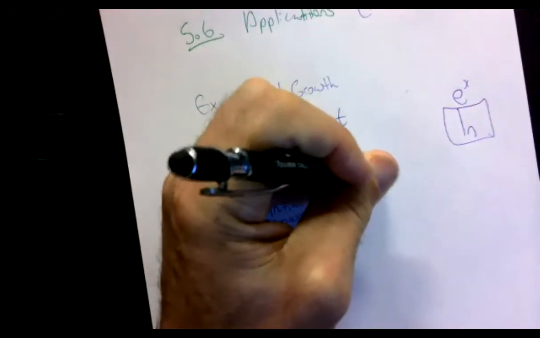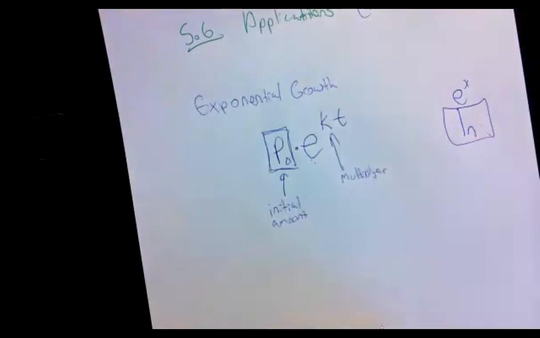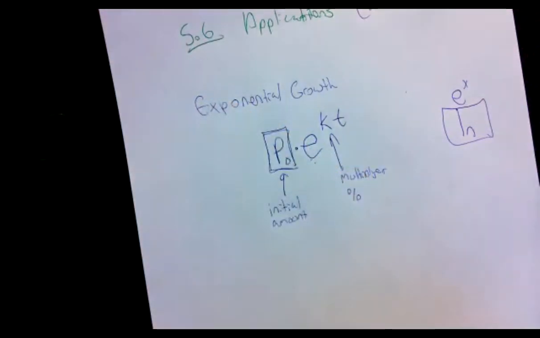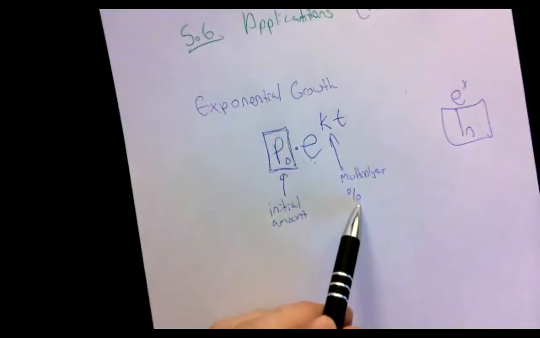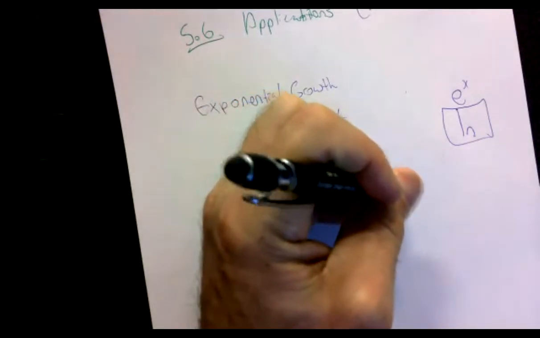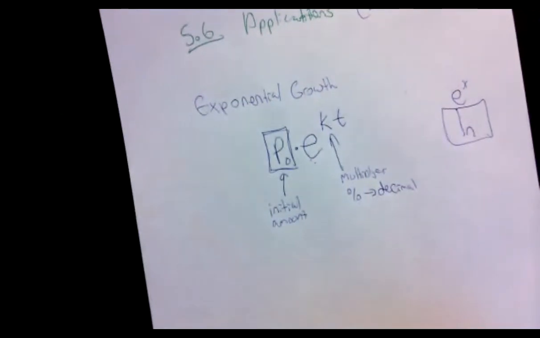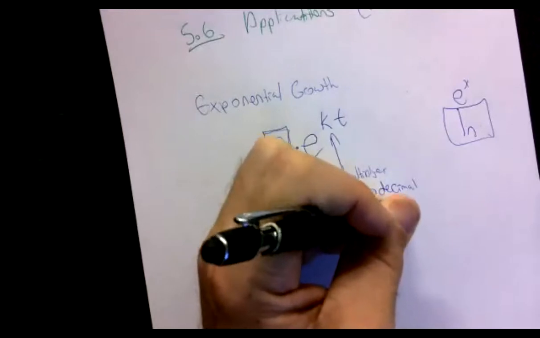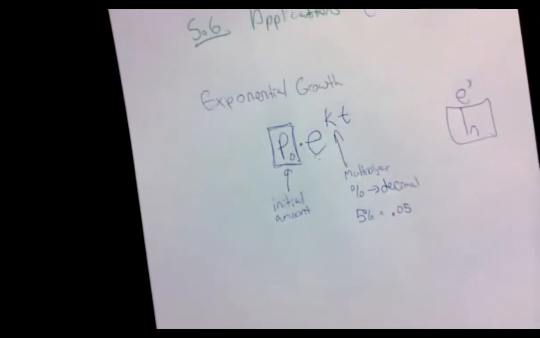This k is your constant. It's a multiplier. Sometimes you'll have to solve for that. I'll show you a couple of problems where you will. If they give you a percentage, it's almost always what would go here. If they give you a percentage, you're going to need to be able to convert that to a decimal. So for example, if they gave you 5%, you need to remember that that is 0.05.